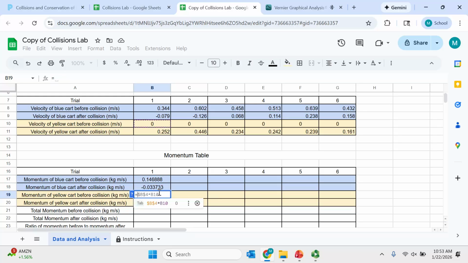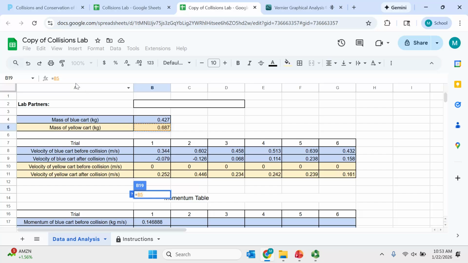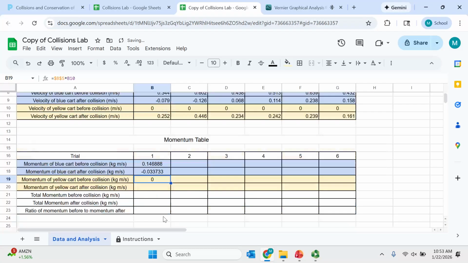I'm going to do the same thing for the yellow cart. I always want mass to be B5 and then multiply by initial velocity, or initial momentum. Then I can calculate the final momentum.